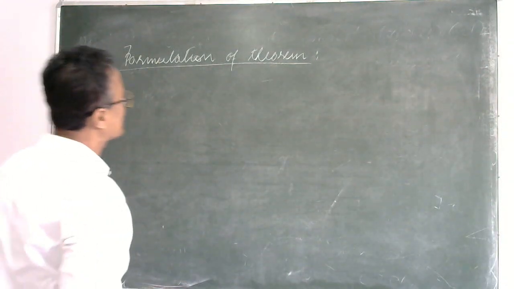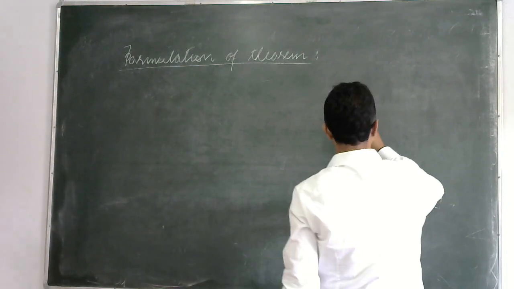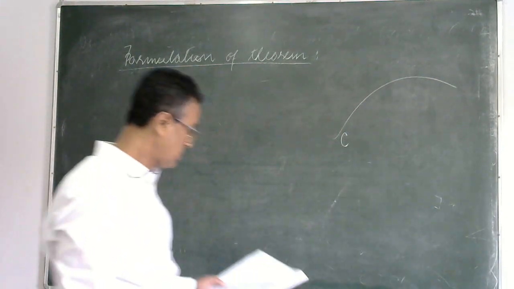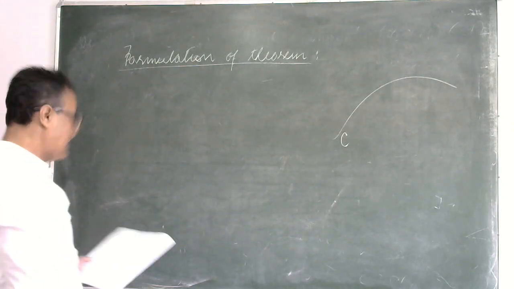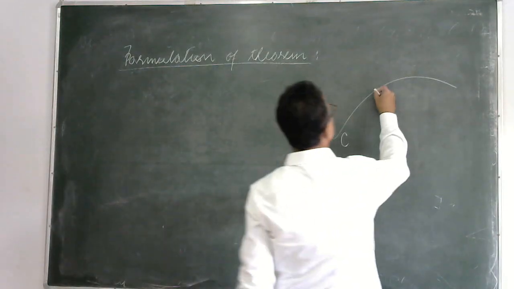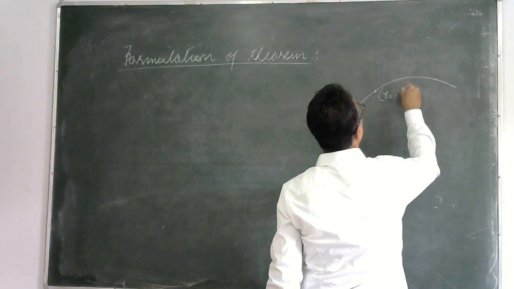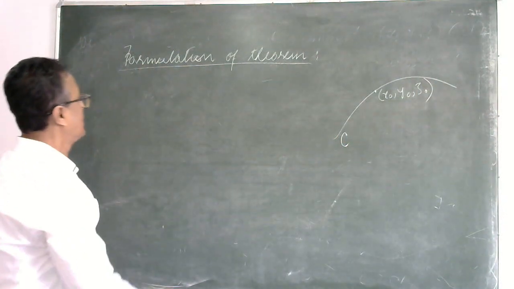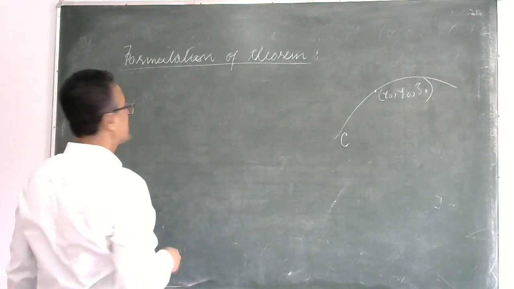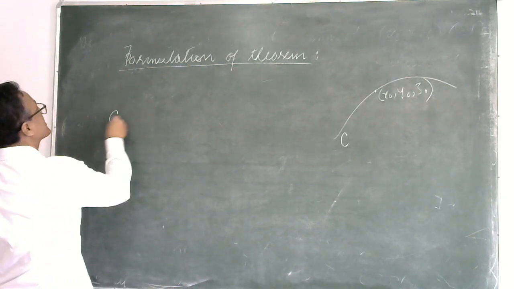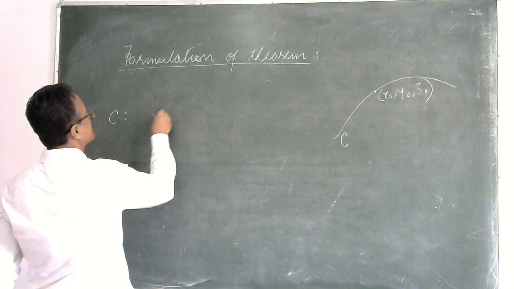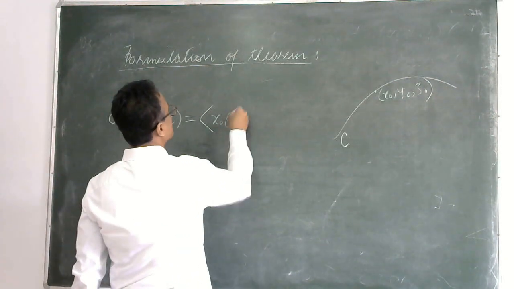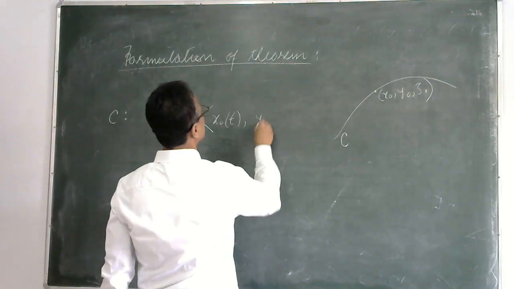So firstly, I'm going to consider a curve. And I'm going to consider that this curve is passing through this point. And I'm going to assume that this curve C has the parameterization given by this.